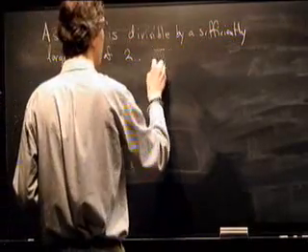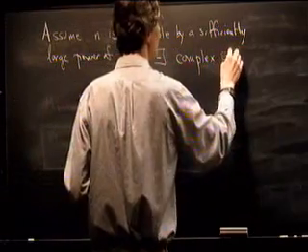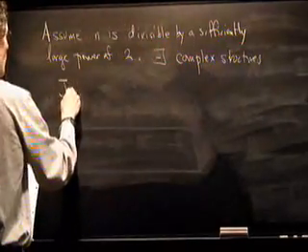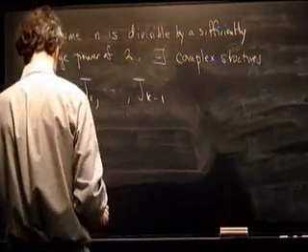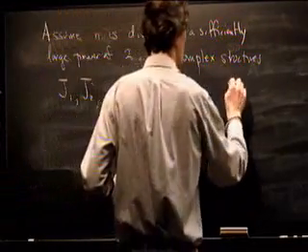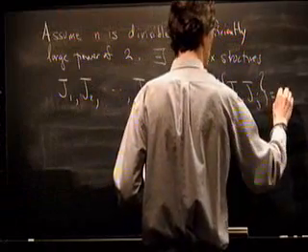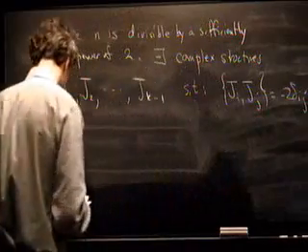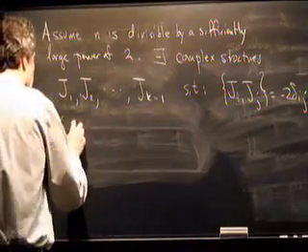Then there exist complex structures, let's call them J1, J2, up to J k minus 1, such that they anti-commute: J sub i with J sub j is minus 2 delta ij, which of course means that we have a Clifford algebra.